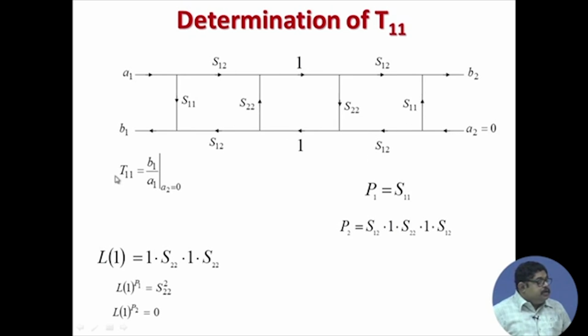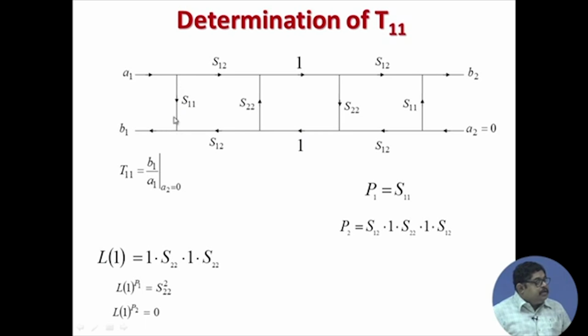So, this T11 will be B1 by A1 when A2 is equal to 0. That means this side is matched, then how much are you getting. So, I will have to come from this independent variable to this dependent variable. What are the paths by which I can do this?